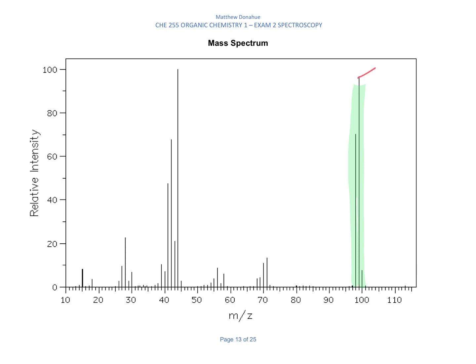If we trace that line down, we see this one's at 100, that one's at 99. So odd equals an odd number of nitrogens, and we already saw from the IR data there is at least one nitrogen, so that's odd.